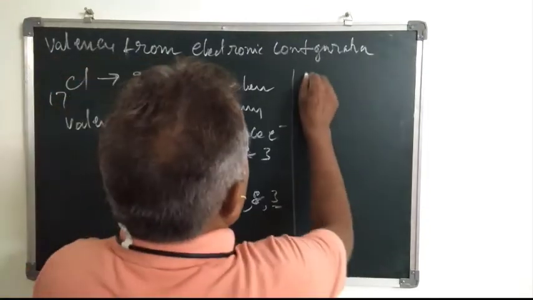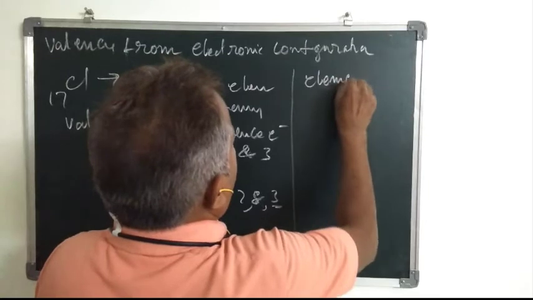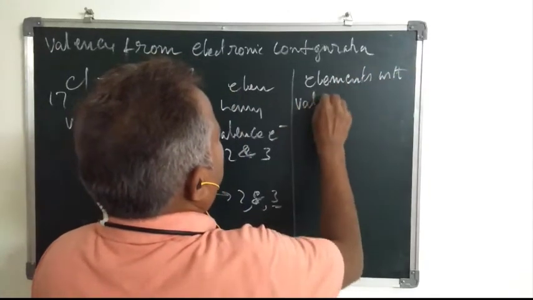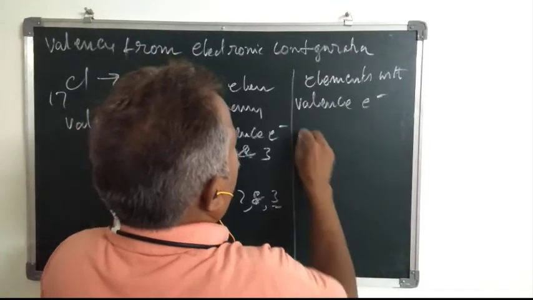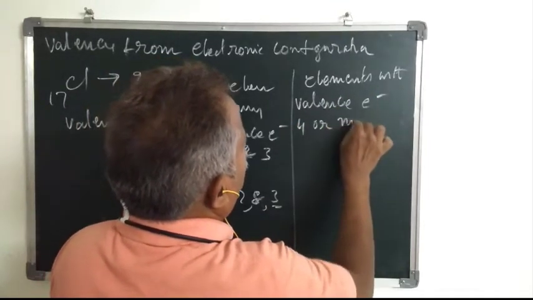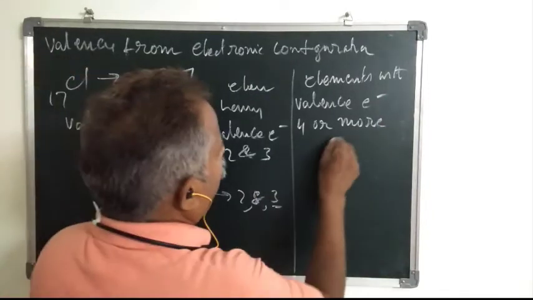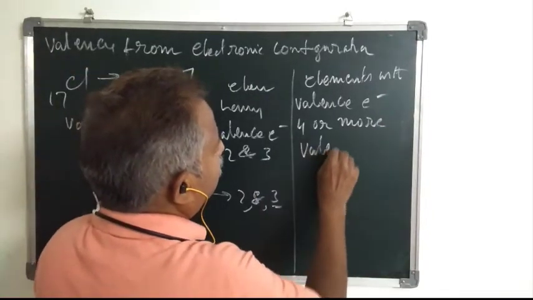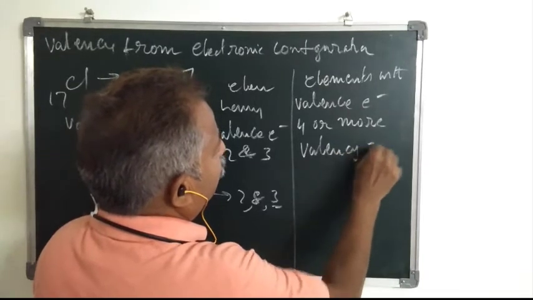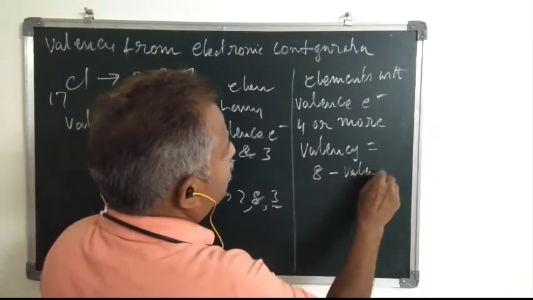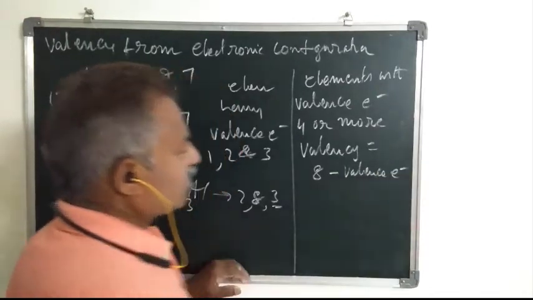On the other hand, elements with valence electrons 4 or more. In such cases, valency is equal to 8 minus valence electrons.